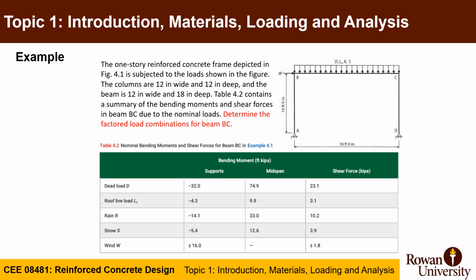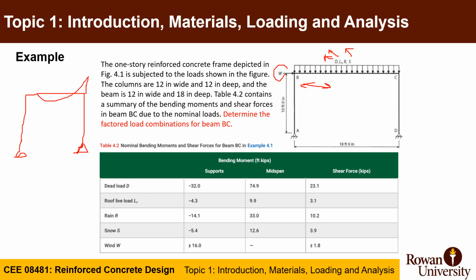For example, in this slide, we are showing that you have many different loads: dead load, roof live load, rain, and snow. However, you also have wind load that can apply in two directions. What you need to do in this frame is to draw the typical moment diagram for the vertical loads, which is the gravity load, dead loads.